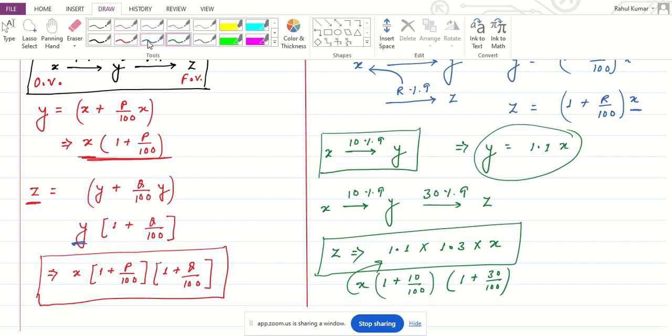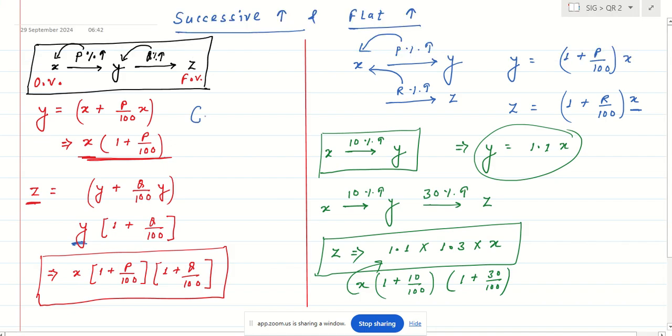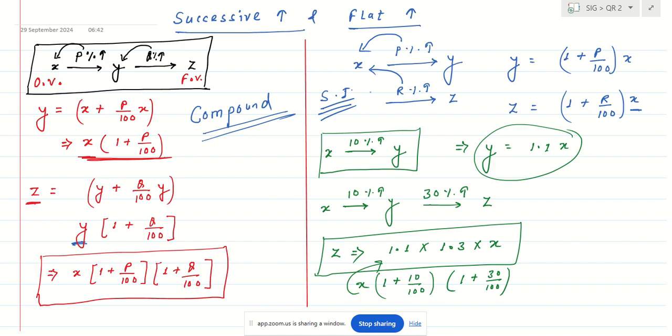The first example I said is called compound interest, compounding, and this one is simple interest. So what is the difference? In compound interest, the interest will be different every year, but in simple interest, the interest will be the same every year. Why is it different in the successive case?